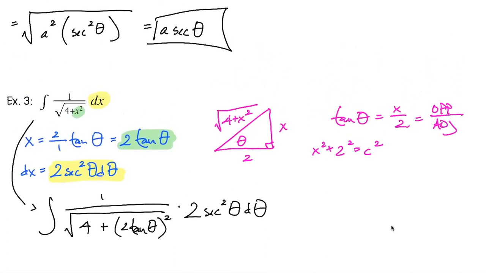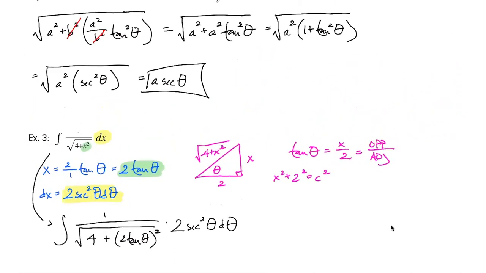Now, if I want to make this a little bit easier for myself, let's take a look at this structure for a moment. This has some numbers in it, but it is essentially the same as this part, right? 4 plus 4 tangent squared theta is the same as a squared plus a squared tangent squared theta.